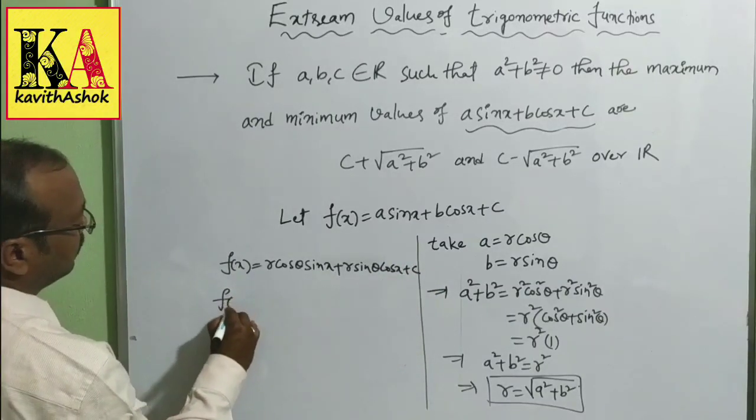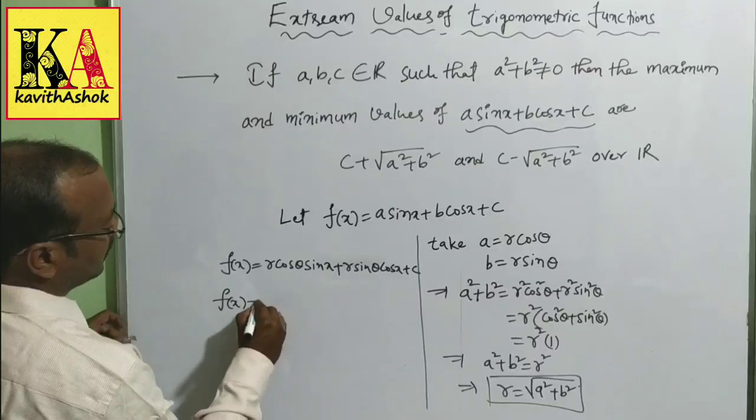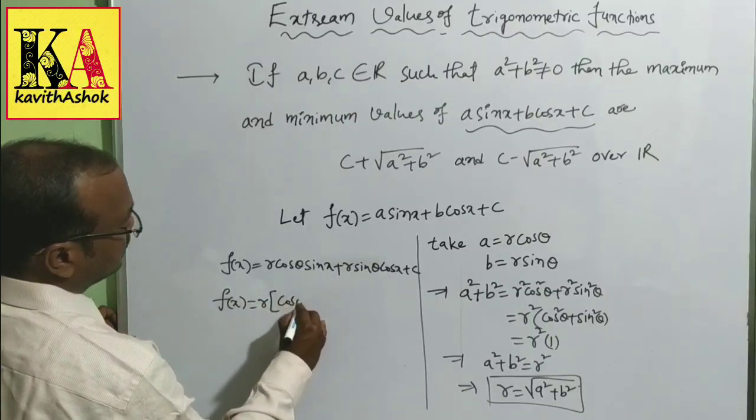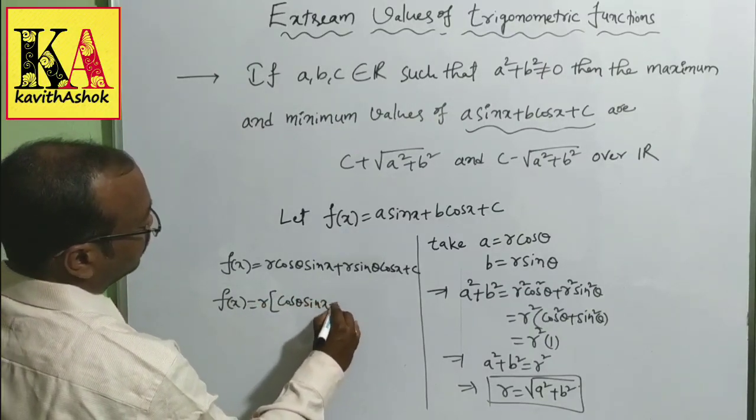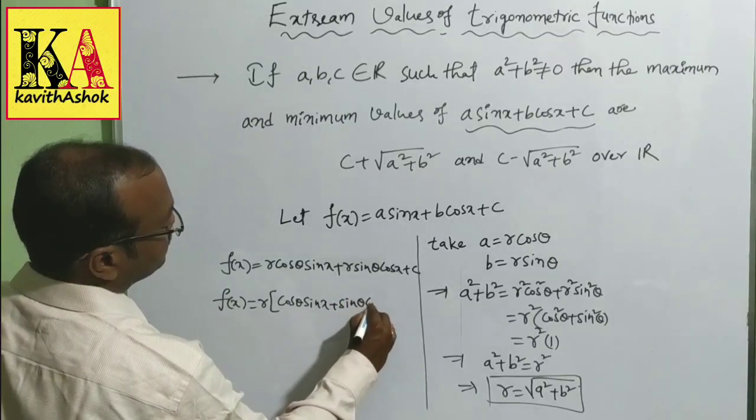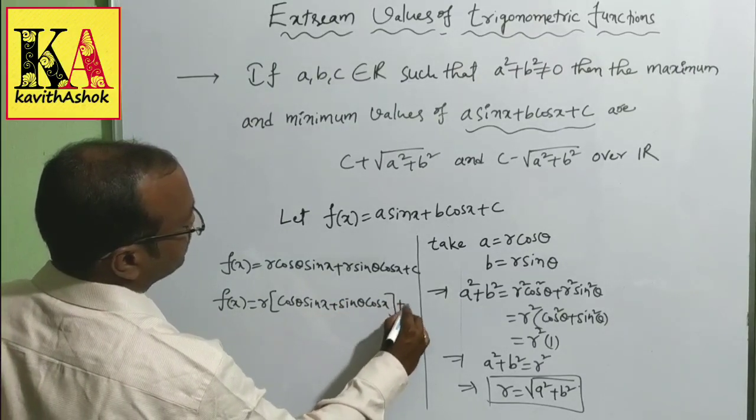Now in these two, r is common, so we write r times cos theta sin x plus sin theta cos x plus c.